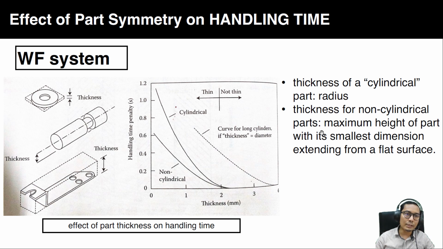You can see in the figure how the thickness is defined for cylindrical parts. Also, in the graph shown next to the figure, you can see the handling time penalty given for those thicknesses, for either cylindrical or non-cylindrical parts.